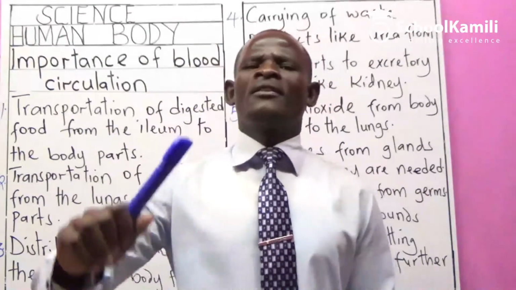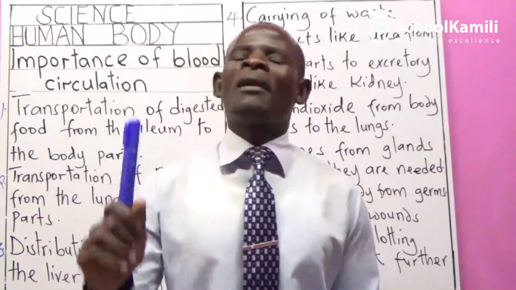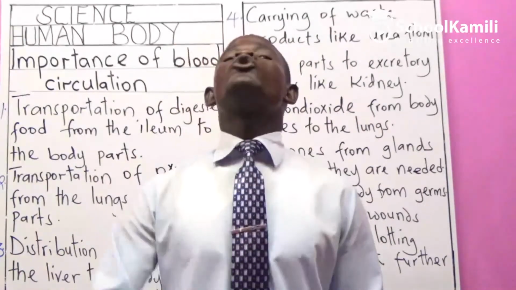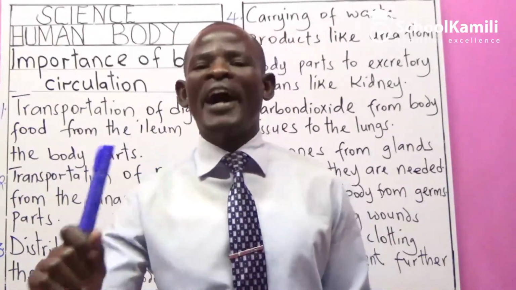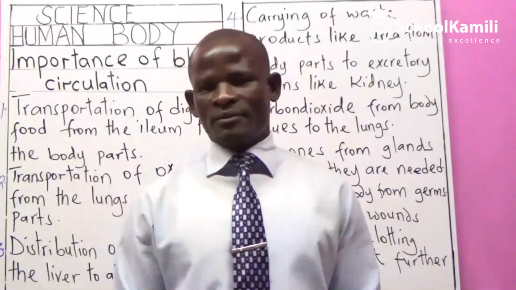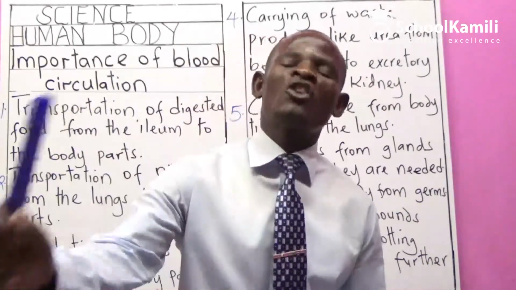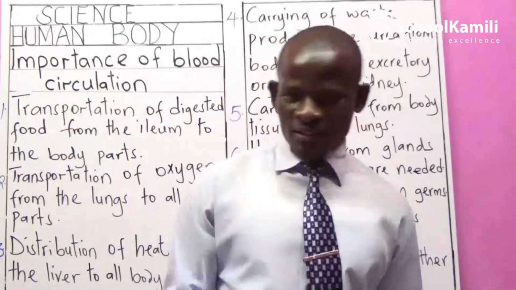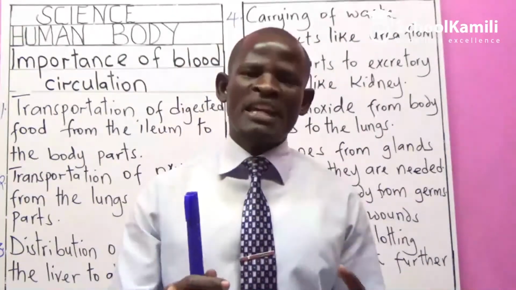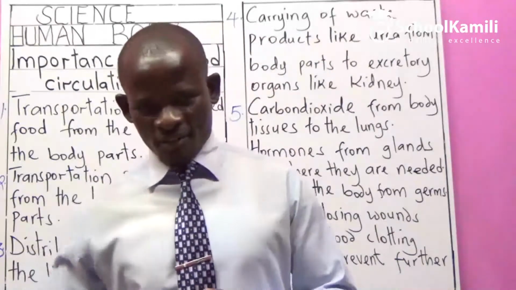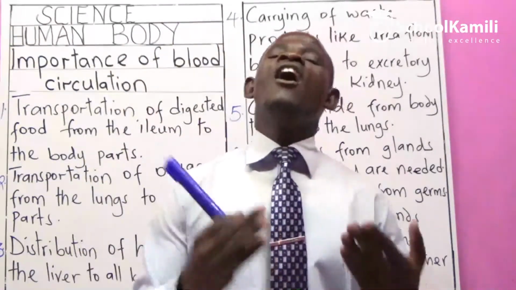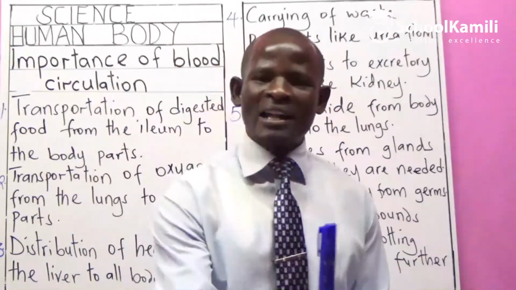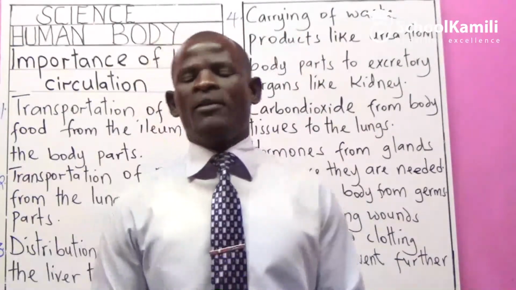Then, the blood circulation, the blood transport system is going to help us to prevent further loss of blood through the process called blood clotting. We say that the function of the platelets is to help in the blood clotting process with the aid of vitamin K and calcium as the mineral.